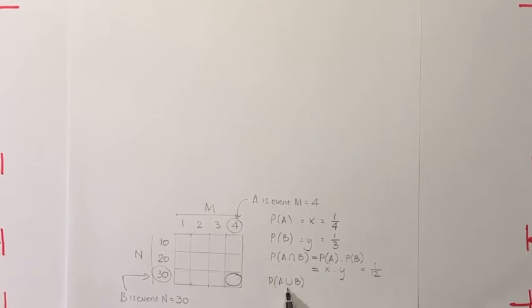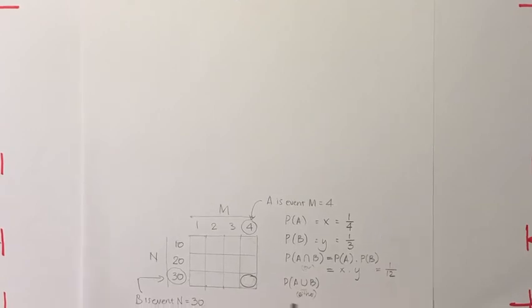So this is for intersection, which means both events happening at the same time. Union, the probability of A union B, means either A or B happening. You can think of intersection as 'and', and union as 'or'.